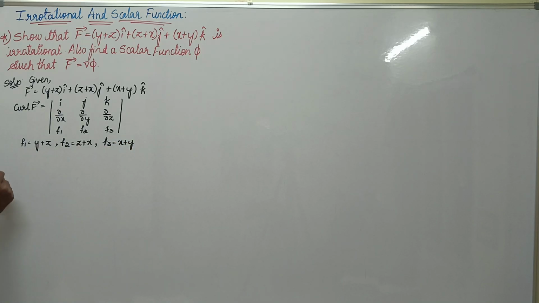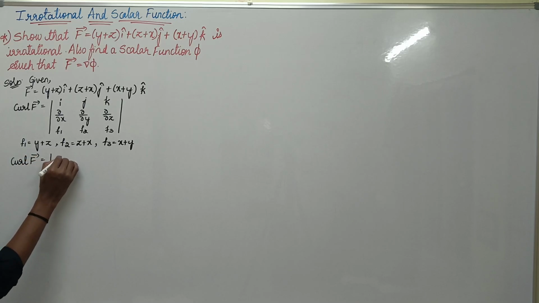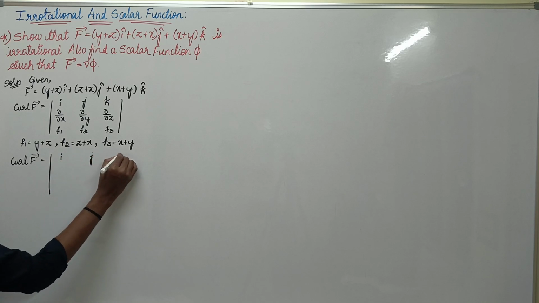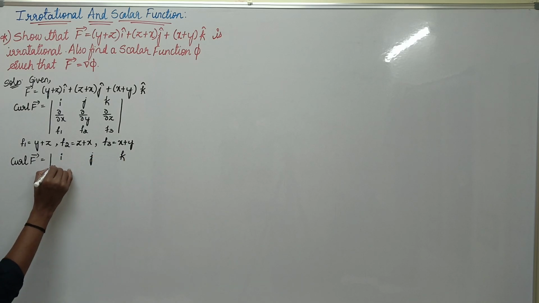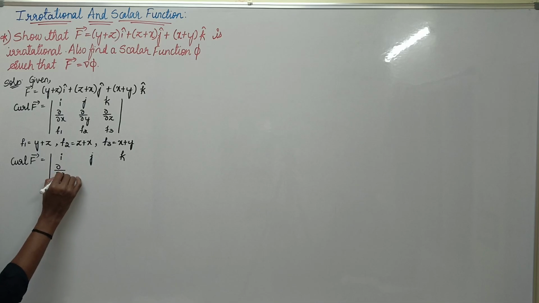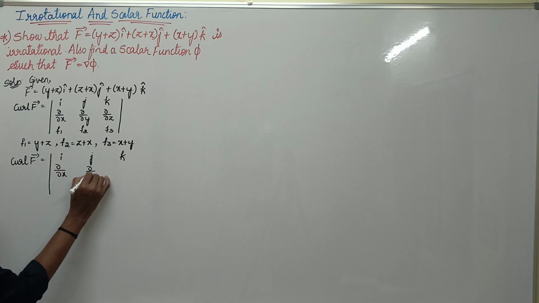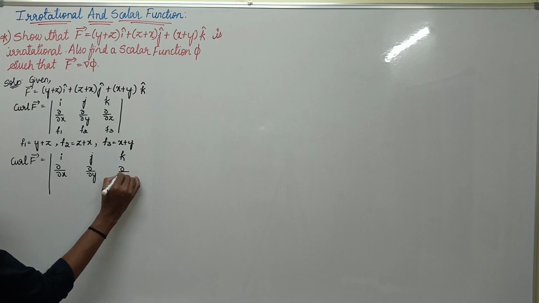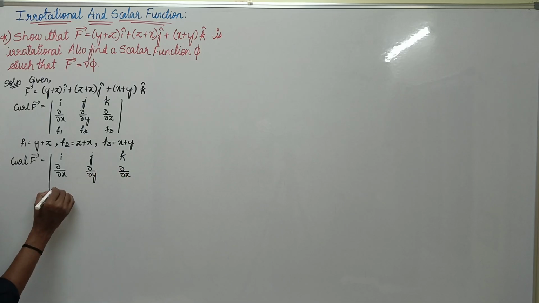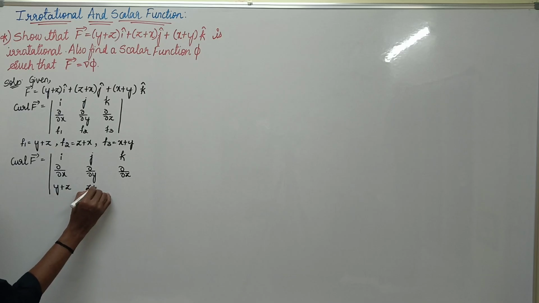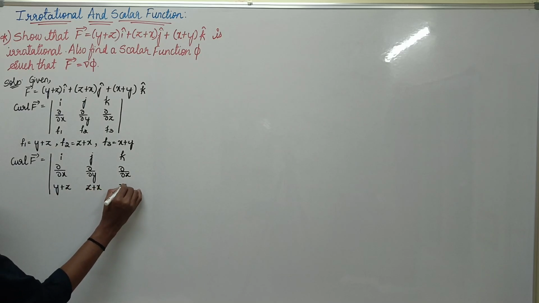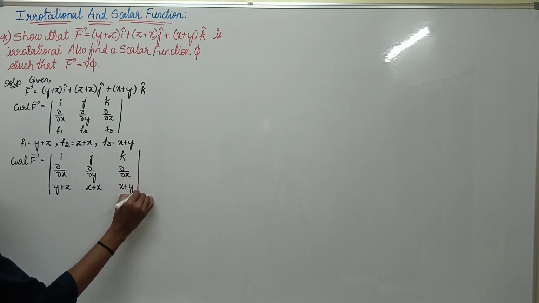Now substitute in this determinant: curl vector f equals i j k, del by del x, del by del y, del by del z, y plus z, z plus x, x plus y.